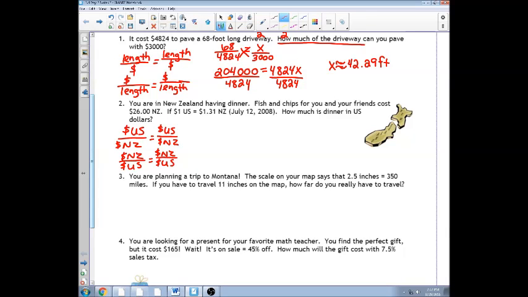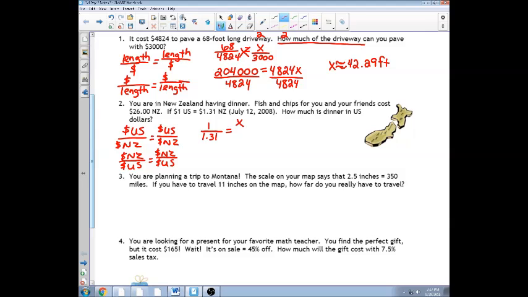So if fish and chips for you and your friends cost $26 New Zealand, and if $1 US is equal to $1.31 New Zealand, what you would do is say we're going to use the US over New Zealand proportion. I would take 1 over, that's $1 US, right? So that's going to be over our New Zealand, which would be $1.31, because those two work together. It would be equal to, how much was the total dinner in the US?